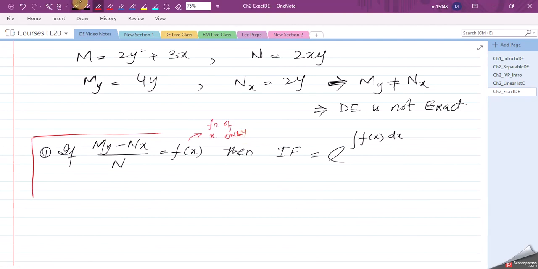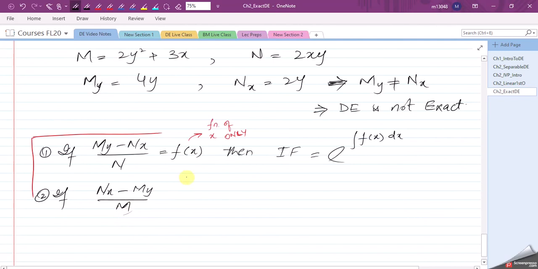Right. What if it is not a function of x? Is there any other chance? Yes, there is one more thing we can check. That is nx minus my over m. Note the difference. In this one, my first. In this one, nx first. Here, n is being divided.